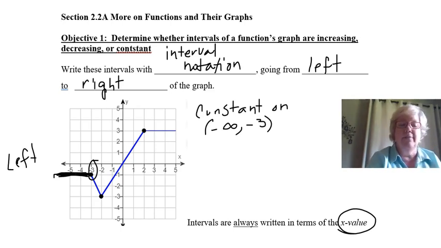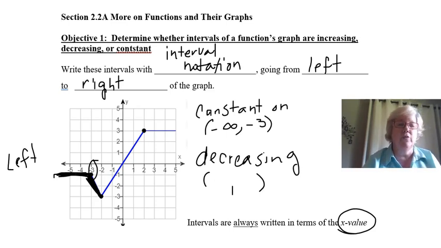We've already done the left-hand part. The next part of this graph goes like this. Notice that it's going downward. Downward would mean decreasing. So this function does indeed have a section, an interval, that is decreasing. I'll put it in interval notation.